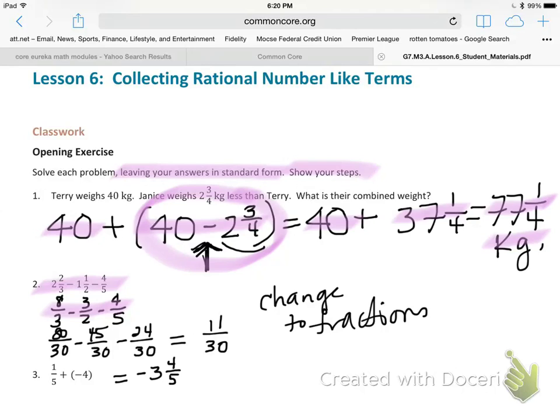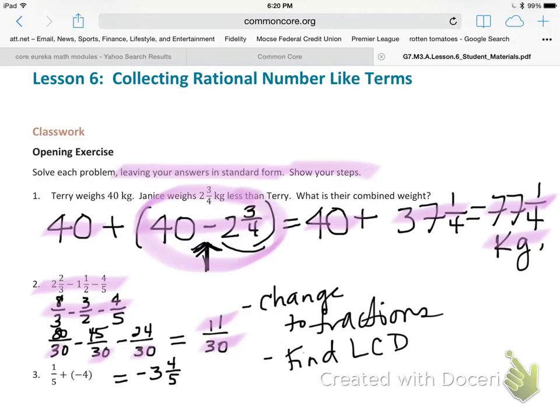That means take them out of mixed number form, and then you're going to find the LCD, lowest common denominator. In this case that was 30, as you can see right there, and you're going to change those from thirds to 30ths, halves to 30ths, and fifths to 30ths. Okay, and if you did that, you had 80 minus 45 minus 24 is 11, and then you have 11/30 as your answer.